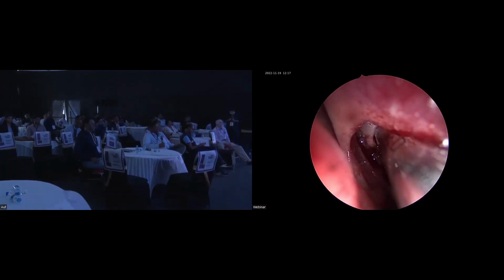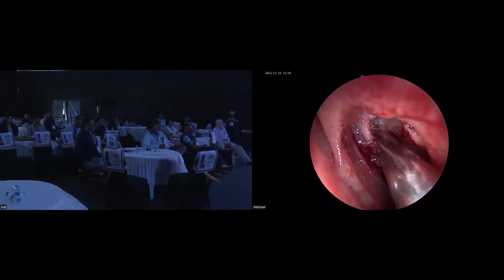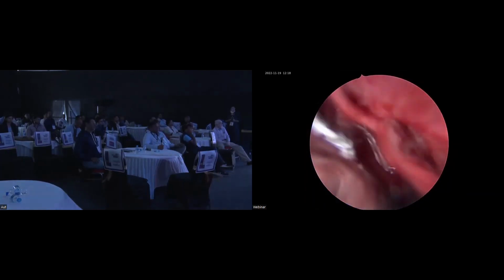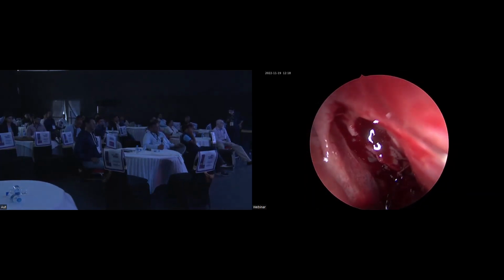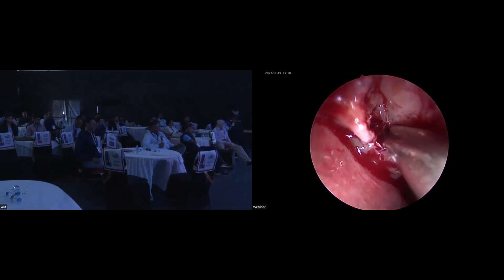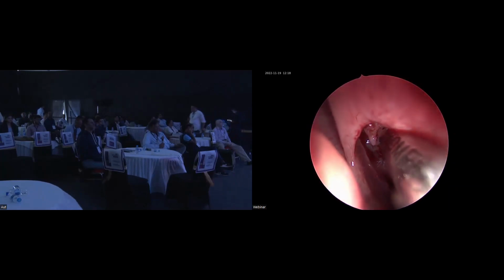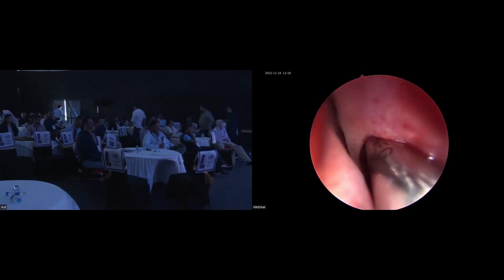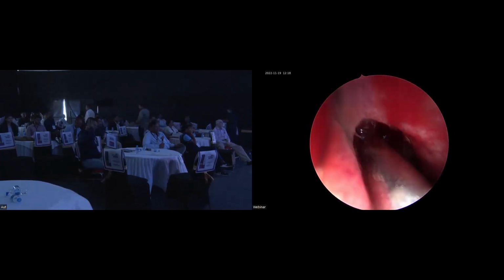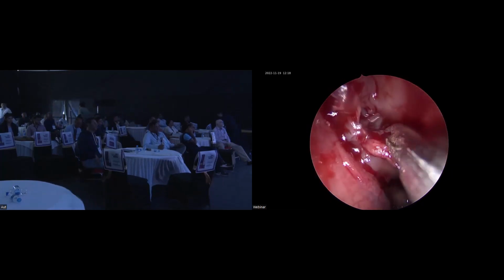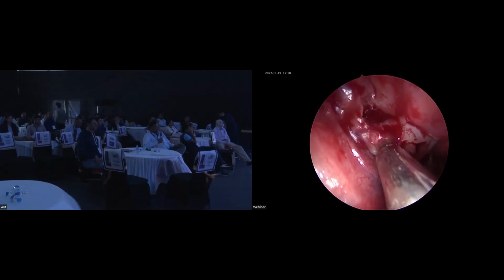So this is the upper limit. Here, if you see, the bulla is going right up to the upper level. I have very little suprabullar recess. Else I would have demonstrated the intact bulla technique also.